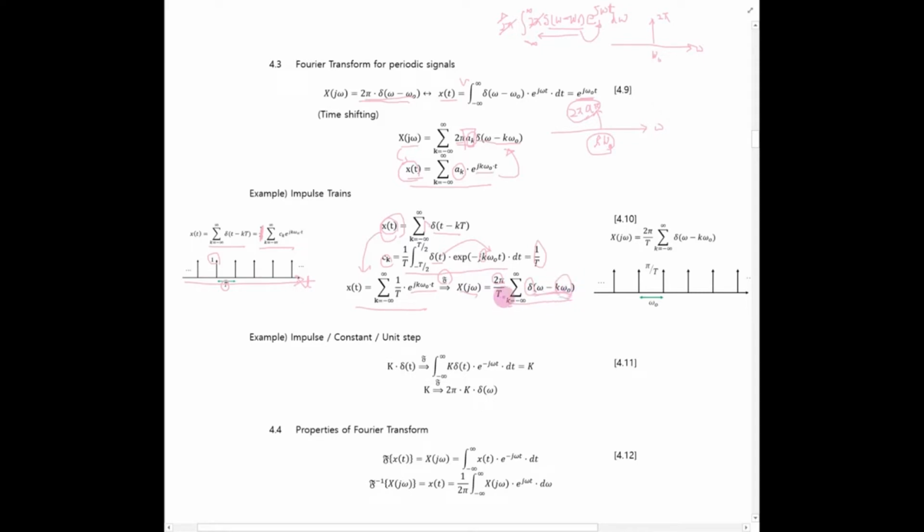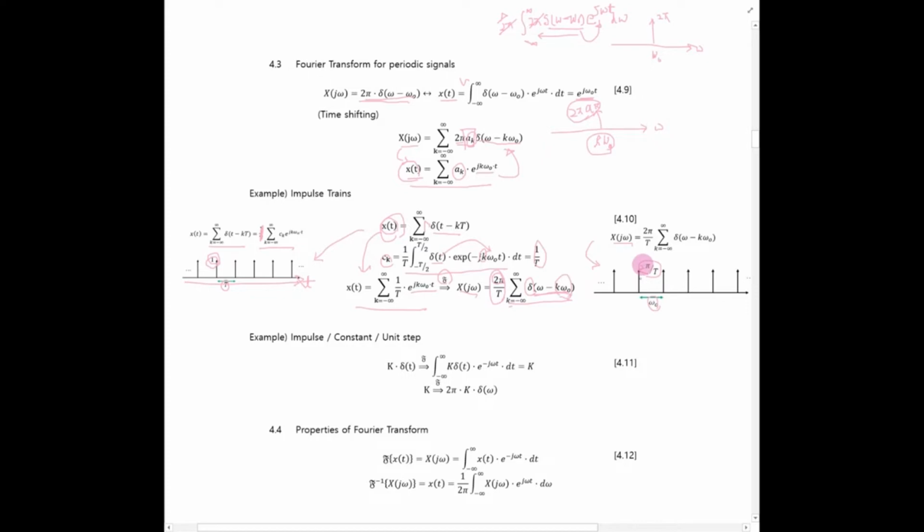The magnitude is scaled by 2 pi over T, so this should be 2 pi over T, at every omega 0. So this is the impulse train for the Fourier transform of this one. So carefully watch the impulse train: taking the Fourier transform gives another impulse train, but the scale factor is different. If it is unity, it is 2 pi over T.